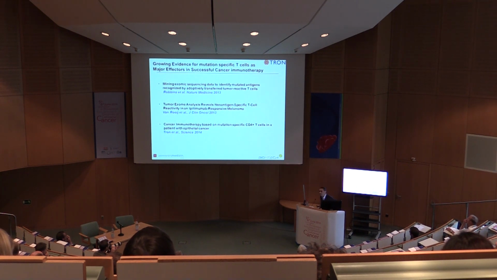In the last 2 years, a number of studies indicated that the recognition of mutated tumor antigens may be key for successful cancer immunotherapy. For example, Rosenberg's group showed by exomic sequencing that patients with adaptive T-cell therapies recognizing mutations respond better to the treatment than patients recognizing non-mutated tumor antigens.